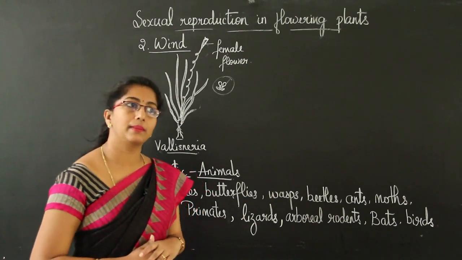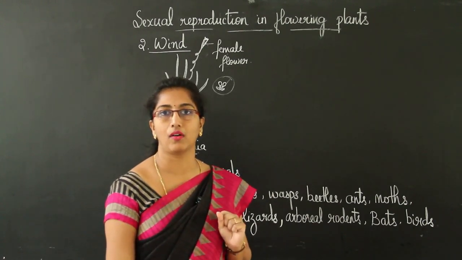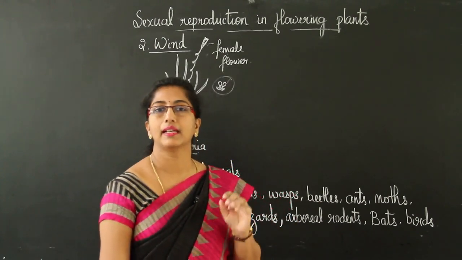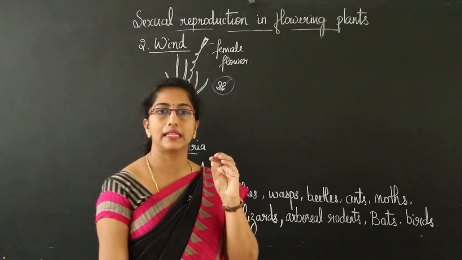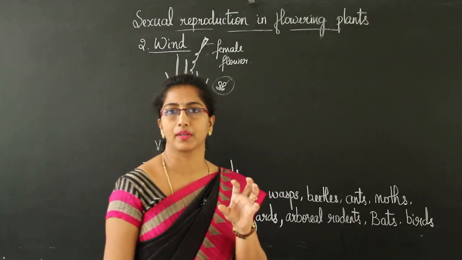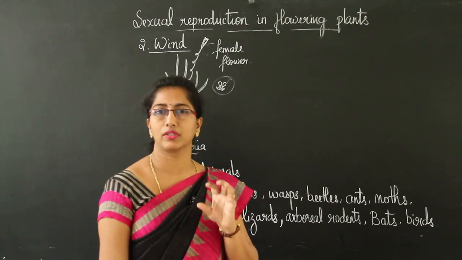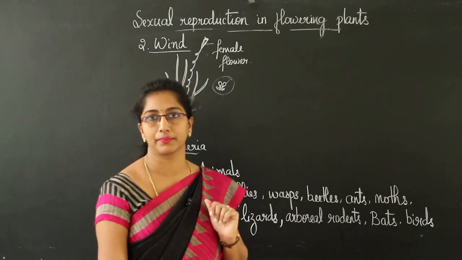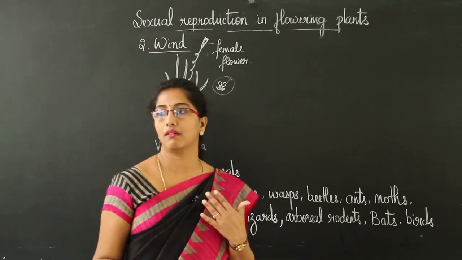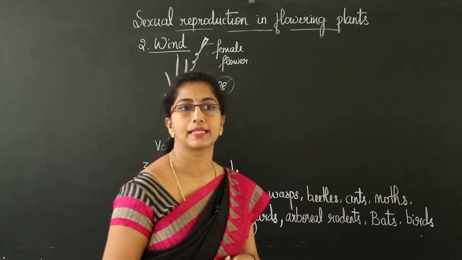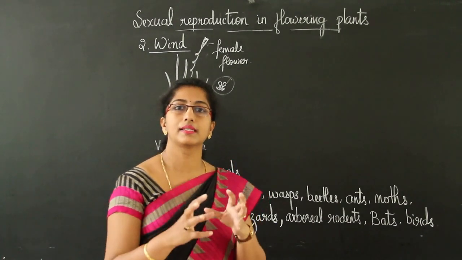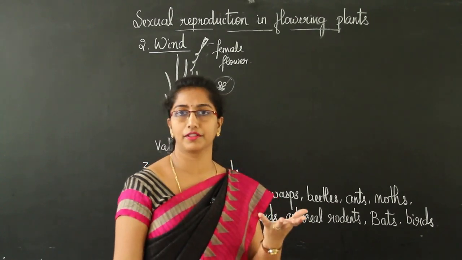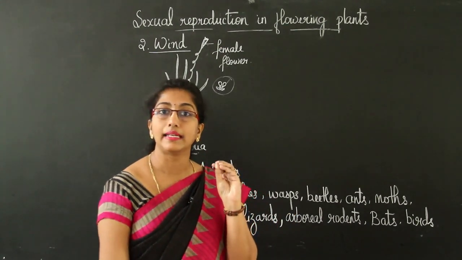Especially the plants which depend on flies and moths for pollination will secrete a stinky smell. That foul odor is produced from the flower to attract the flies and moths. All other animals like butterflies and bees will mainly be attracted towards the fragrance of the flower, the color of the flower, and mainly the nectar.